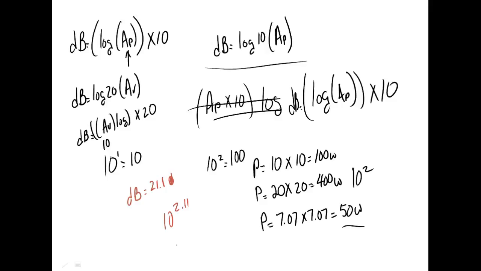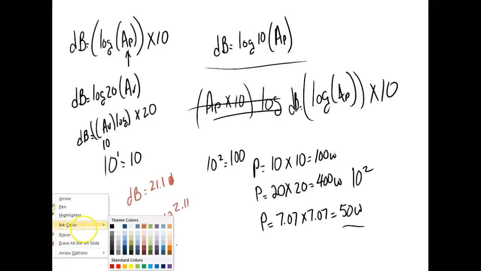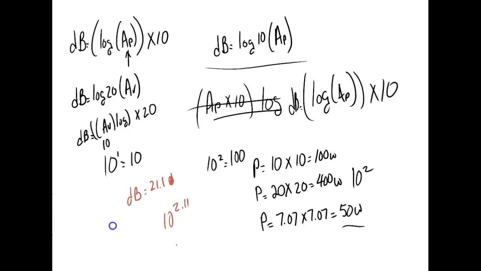So what we're doing here, if I can measure the voltage gain, this is supposed to give me the same answer as if I did the power gain for the same circuit. Y'all understand that? Now let's look at this 3 dB thing, minus 3 dB. Sometimes I have problems with this, but I'll try to not make any mistakes. So I've got a minus 3 dB. Well, if it's a minus, it's a loss.